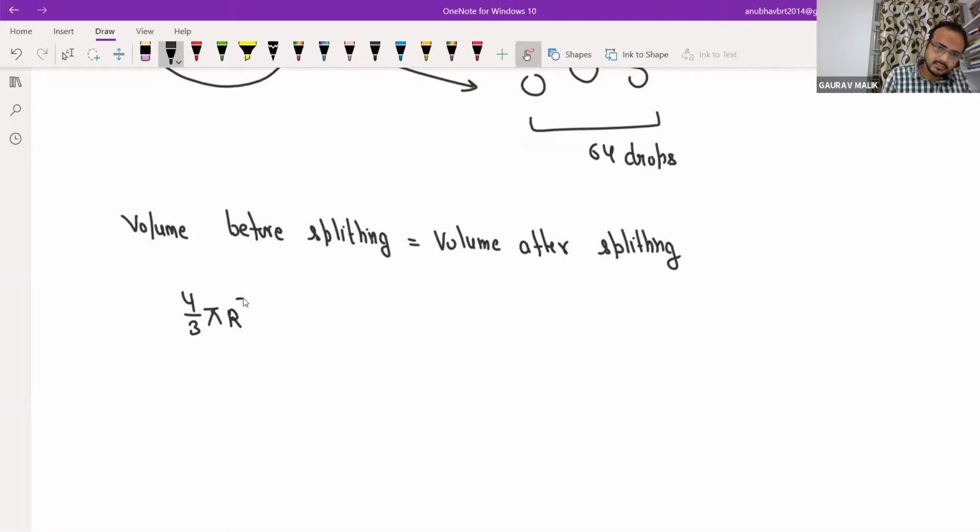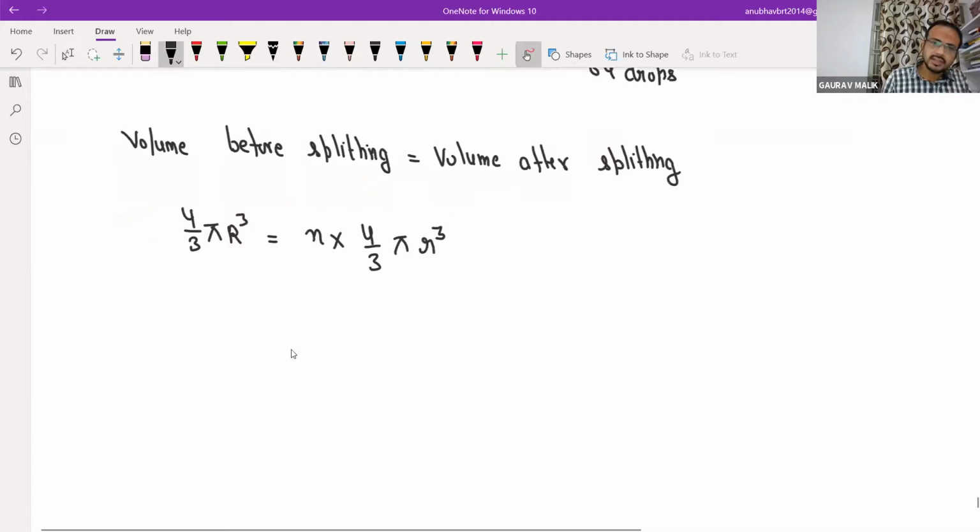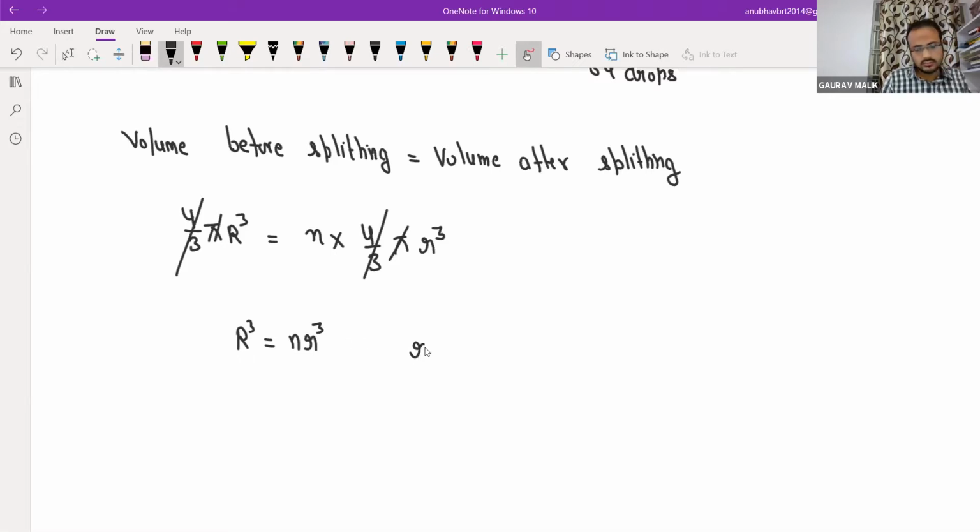4/3 pi R cube is equal to n into 4/3 pi r cube. Is it clear? Is there any rocket science? No. 4/3 and 4/3 will cancel out. Pi and pi will cancel out. R cube is equal to n into r cube, so r is equal to R by n to the power 1/3.